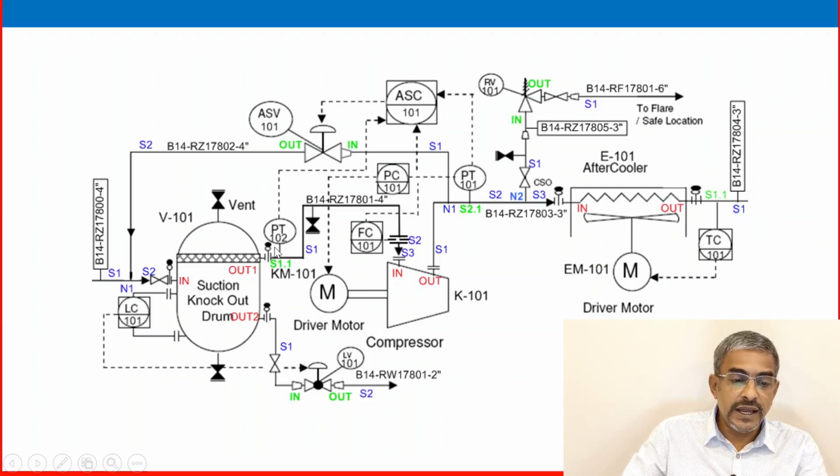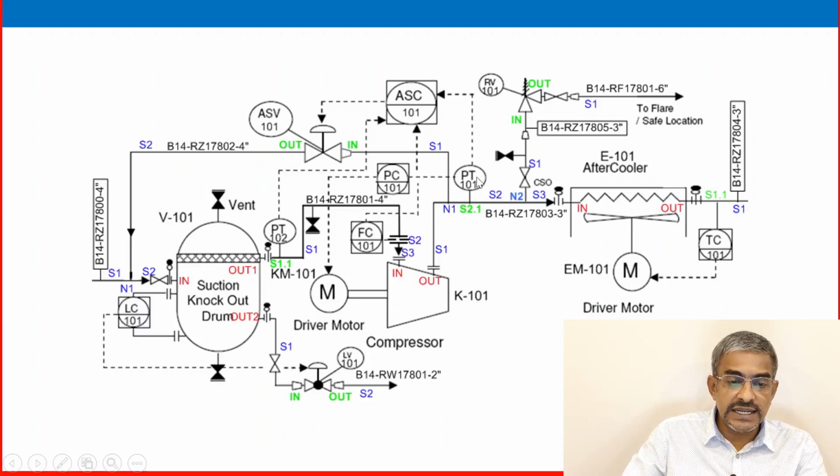So whenever the suction and discharge set point is reached, this anti-surge control valve will open and supply sufficient gas to the suction side to keep the compressor operating above the anti-surge line in the safe condition. That is what we saw in our previous slides.